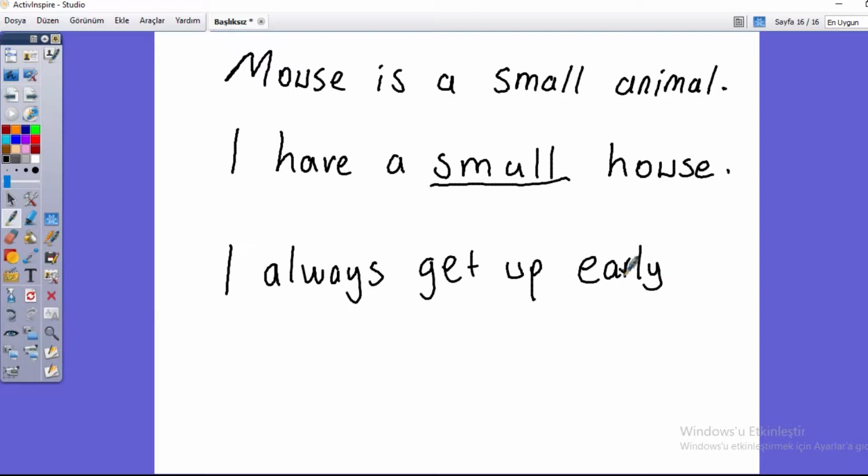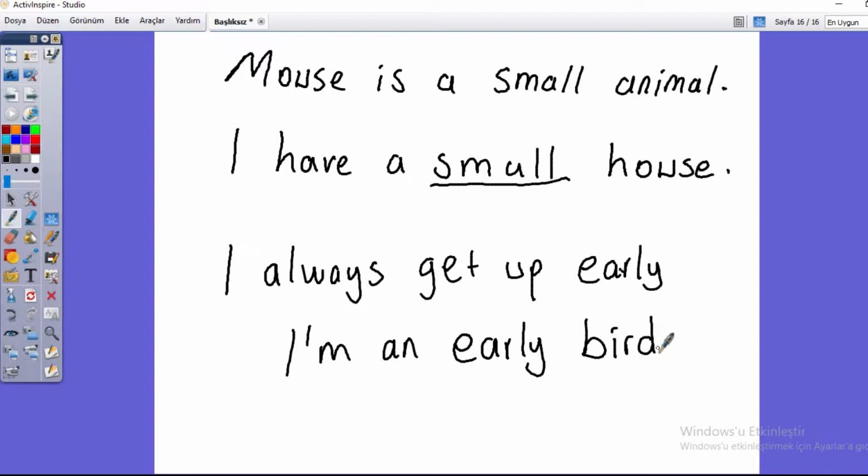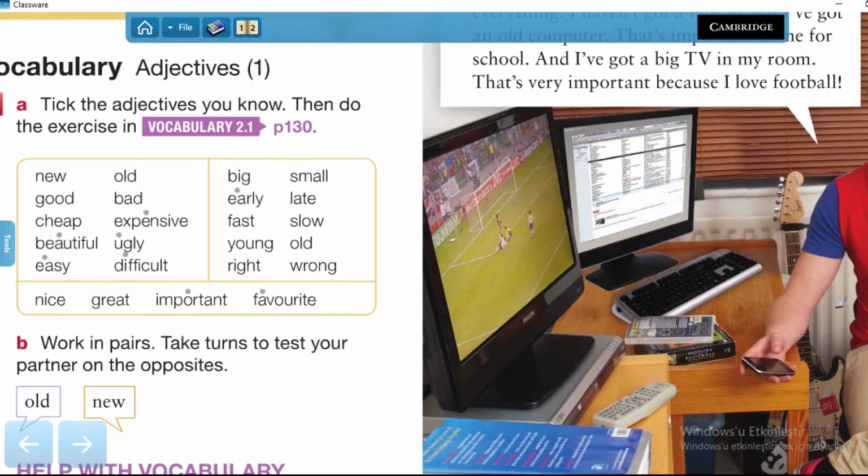Here early is not an adjective, it's a time adverb. But if I get up early, I am an early bird. And the opposite of early is late.